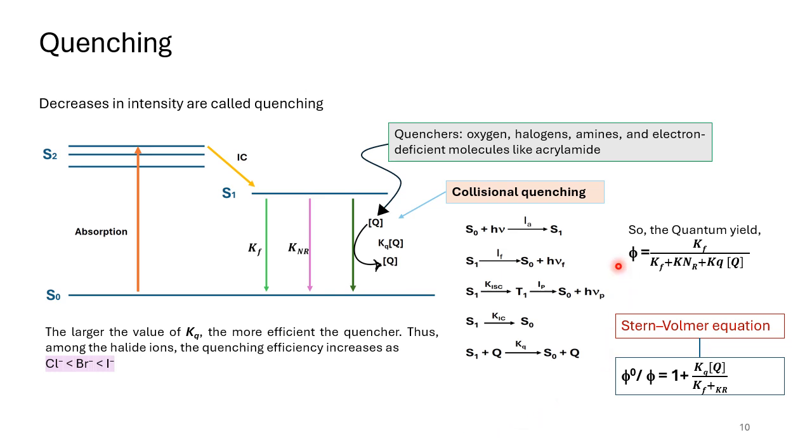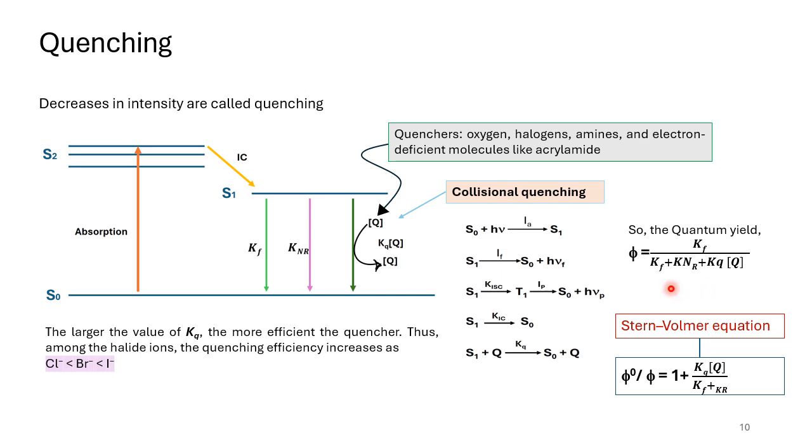And so this is the reconstructed quantum yield we get when this quenching phenomenon is happening, where phi equals kf by kf plus knr plus kq, where kq is the rate of the quenching.